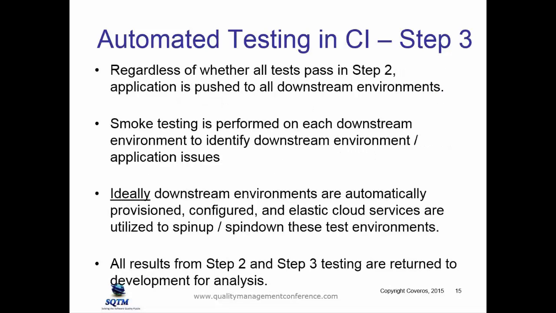The third step in continuous integration is pushing the application that's been integrated downstream to all the environments. We typically do this regardless of whether all the tests pass in step 2 or not.